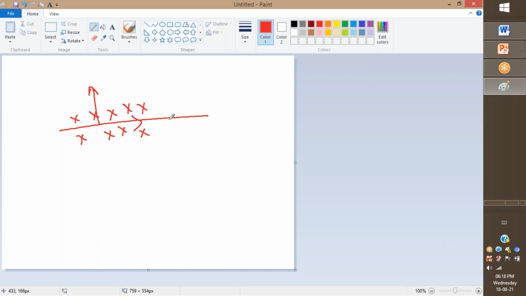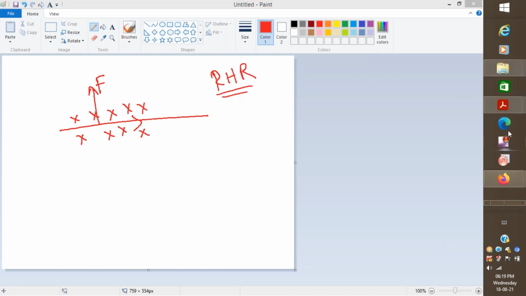How do we calculate the force or the direction of the force in this case? You can use either the right hand rule of cross product, and if you do that, you will see the force will be in this way.